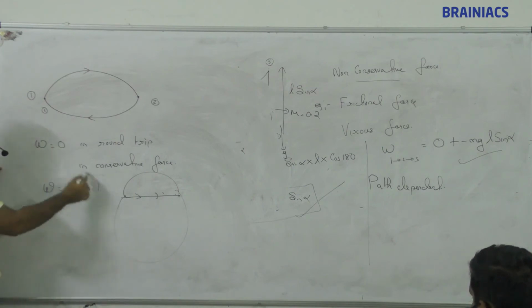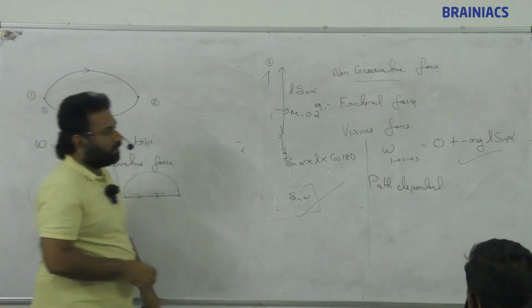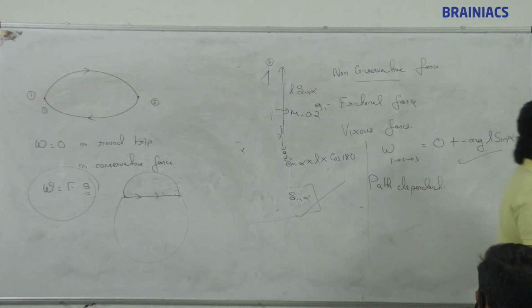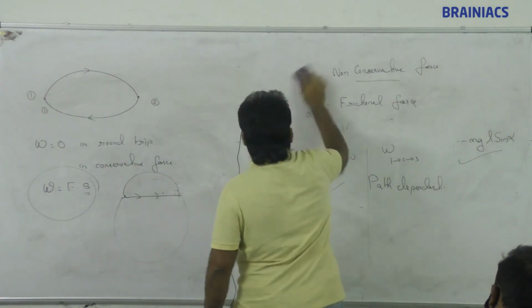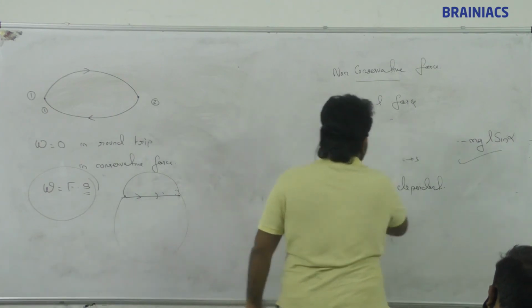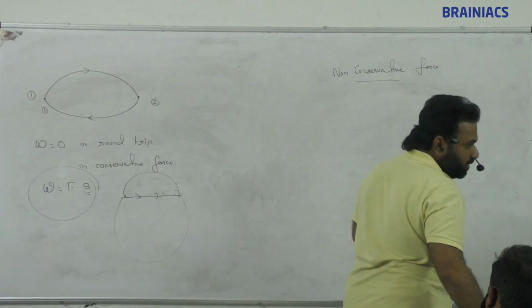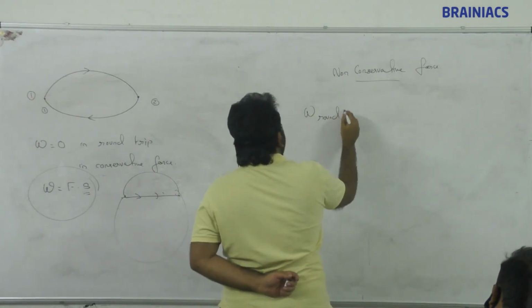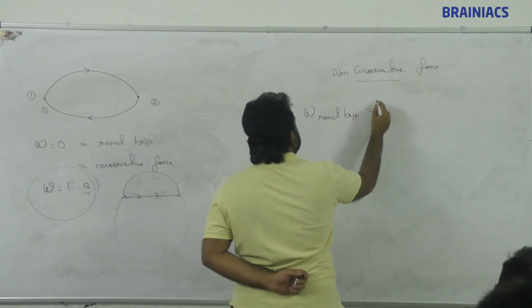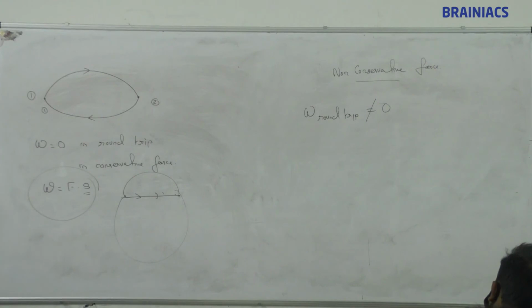Path independent, all these things will work correctly for conservative force. Correct? So that is another point. Clear? So in non-conservative force, work done in the round trip is not equal to 0. Clear or what?